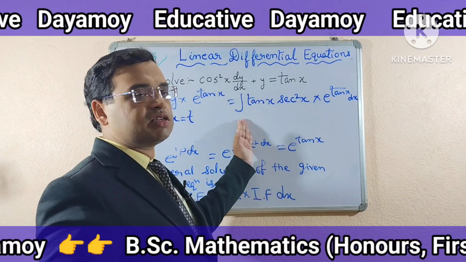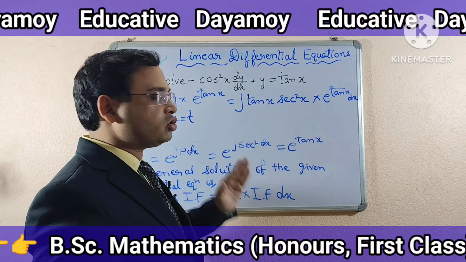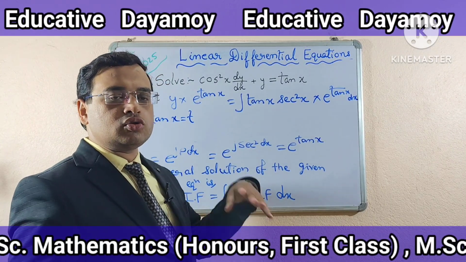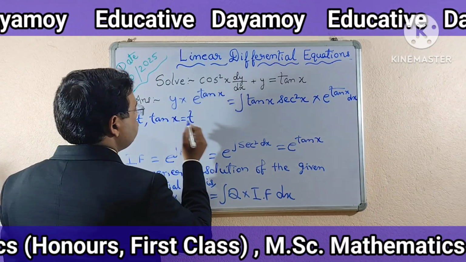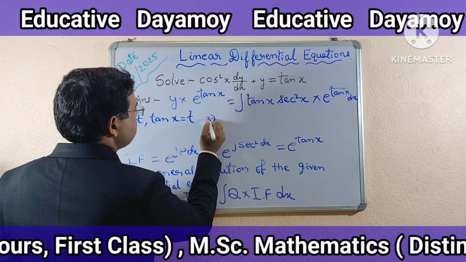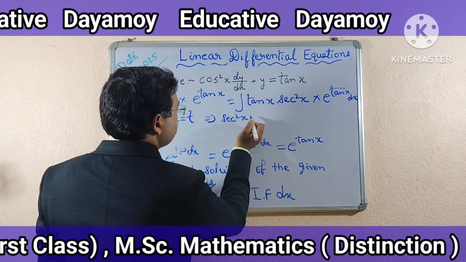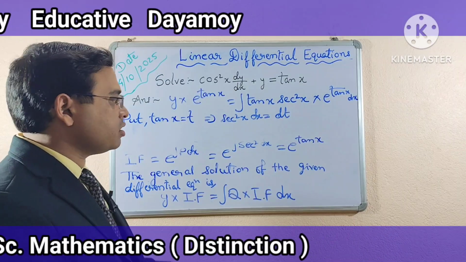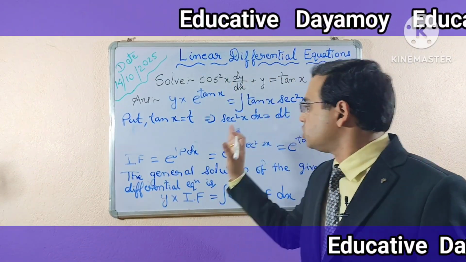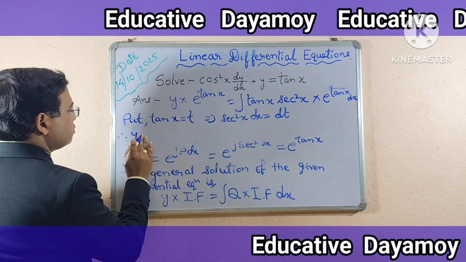In order to do so, I put tan x equals t, so as to get the general solution as the answer. Now put tan x equals t. It implies that sec square x dx equals dt. You have learnt this in class 12 in the integration chapter.